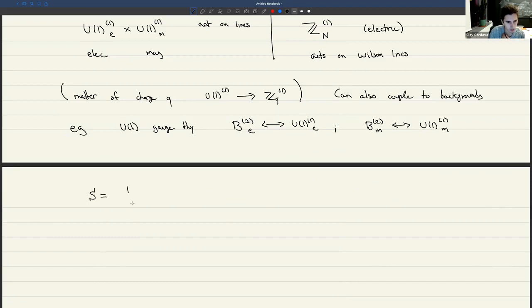It would just be 1 over 2g squared (F minus BE) squared plus, and then a kind of magnetic coupling.